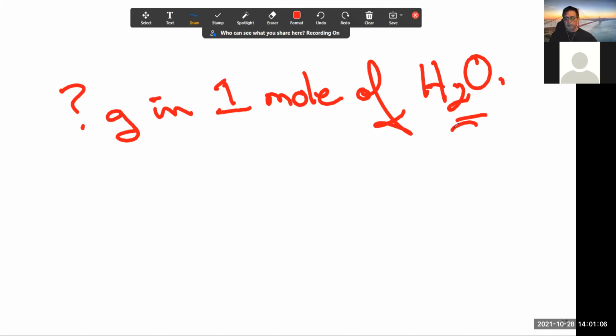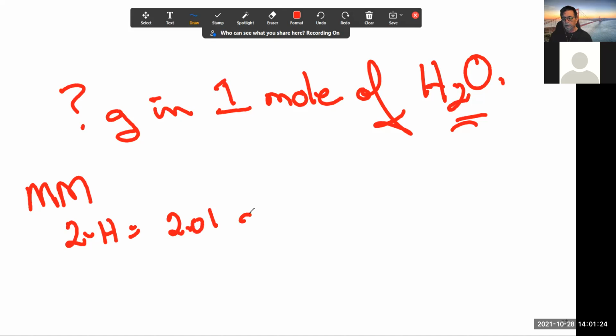Can anybody tell me what the molar mass is? I'm going to just label that molar mass of water. Do I not have 2 hydrogens? Each one brings in 1.01, so there's a total of 2.02 grams per mole.